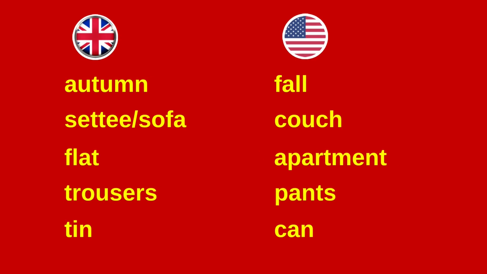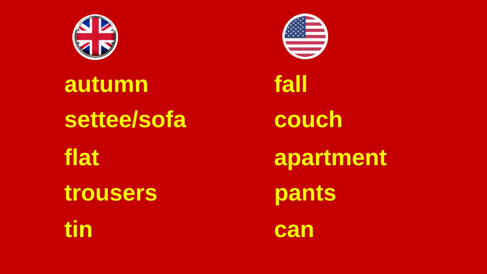Flat, apartment, trousers, pants. Here we have to distinguish something that is in British English also we have pants, but they wear pants under their trousers. But in American English they have pants and they wear underpants, of course, under them. So they wear pants and underpants, while British people wear trousers and pants.